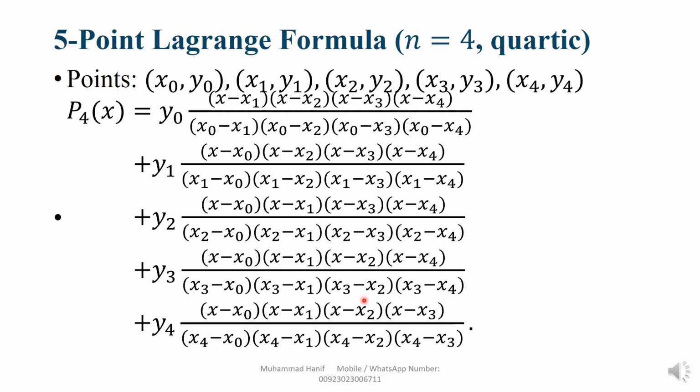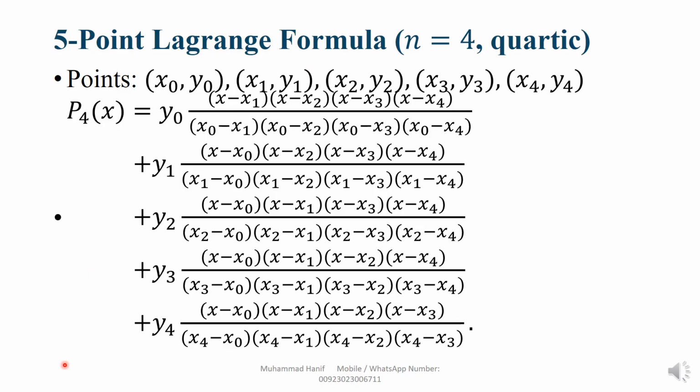You can see here, if here is given x0, then you write x0, x1 same you write, x2 same you write, x4 same you write. After this point, we write addition sign, and we use this point. Same process we will follow. This is the Lagrange 5-point formula.